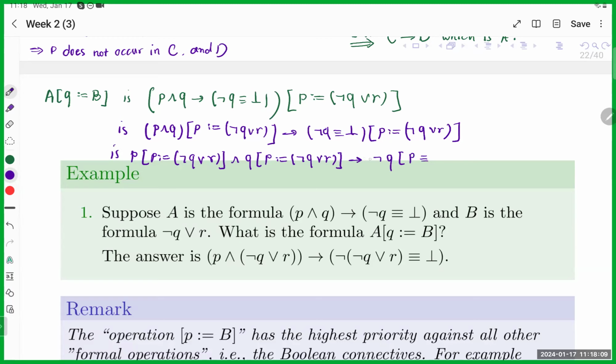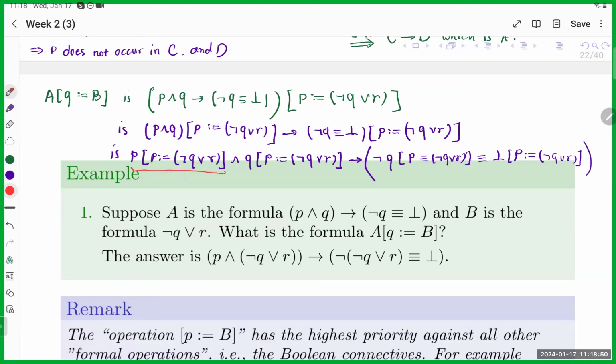Substitute P, I'm going to need a large bracket here, with negation of Q or R is equivalent to substitute P in the formula bottom, substitute P with negation of Q or R. Now, what is this?